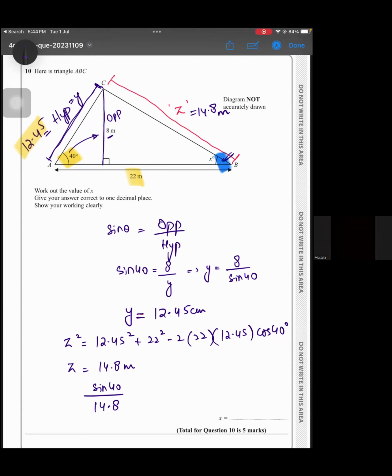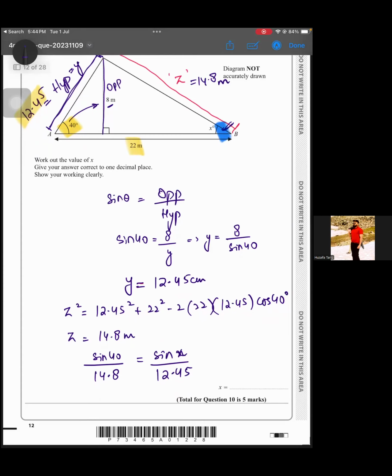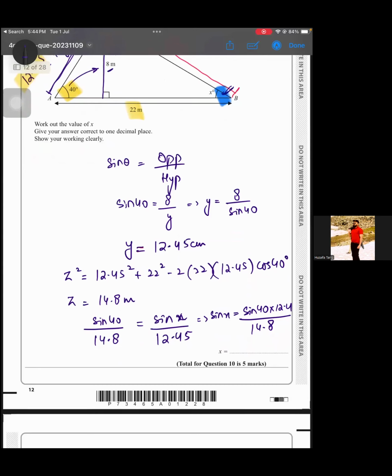And then sine x over 12.45. If you cross multiply it, it will be sine x equals sine 40 into 12.45 divided by 14.8. Exactly. And the final answer after solving is 32.7. That will be the value of x.